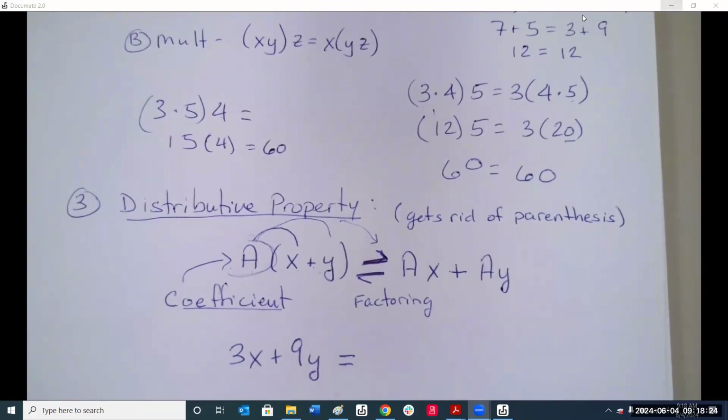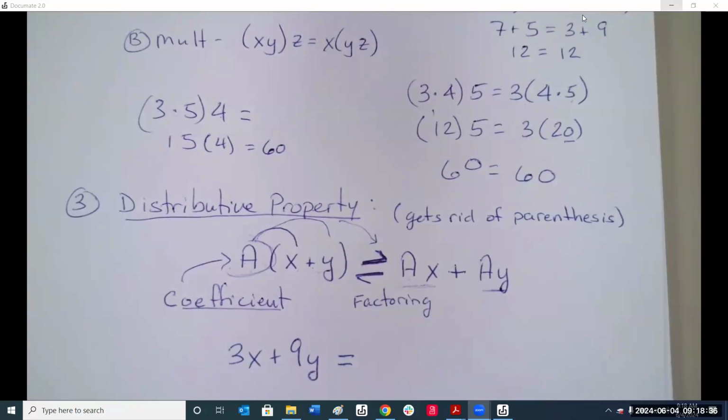How does factoring work? What do these two terms have in common? AX, AY. What do they have in common? They both have the A in common, right?